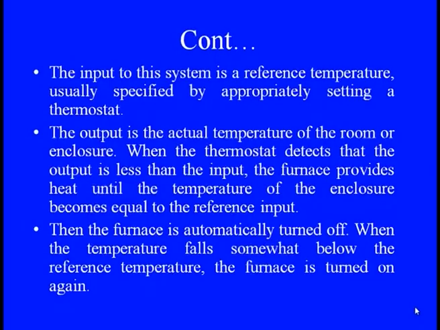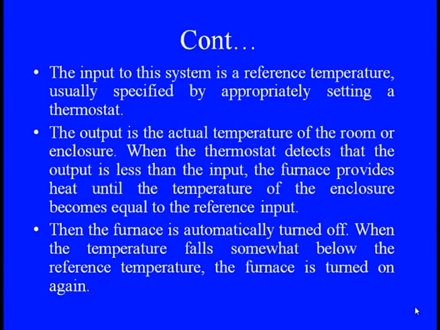The input of the system is the reference temperature, which is usually specified by setting the thermostat, and the output is the actual temperature of the room or enclosure. When the thermostat detects that the output is less than the input, we know that the furnace, which is providing the heat, needs to increase its output so that we can reach a proper reference point for the temperature of the enclosure.